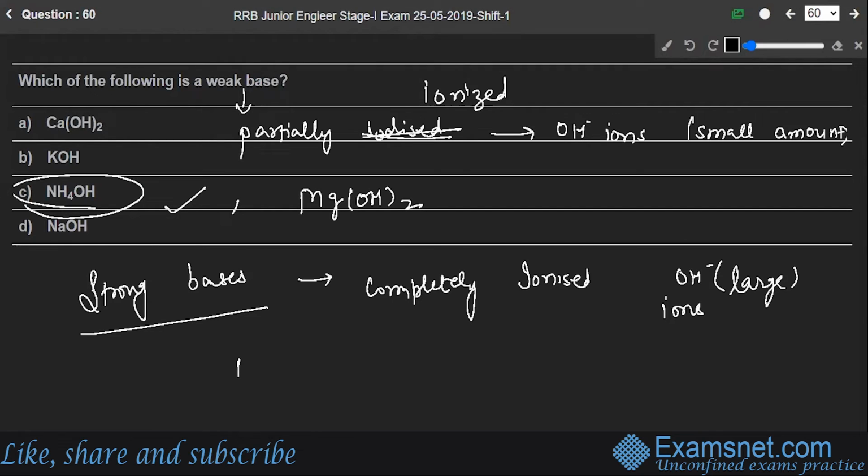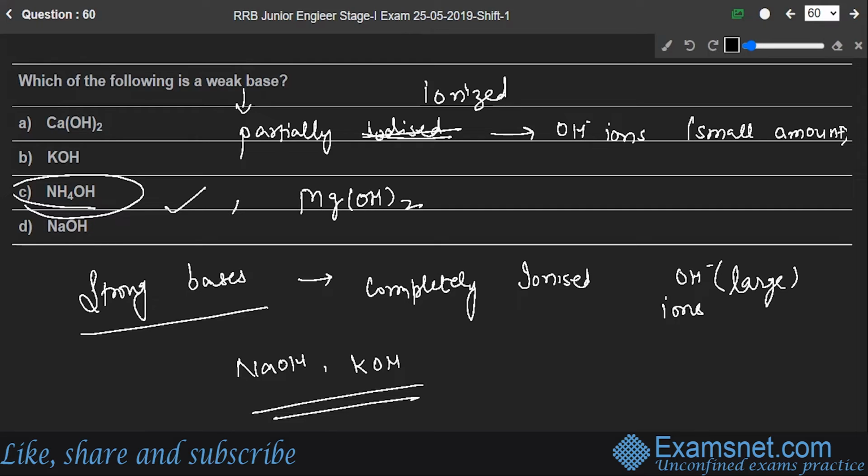For example, sodium hydroxide is a strong base. Potassium hydroxide is a strong base, very strong bases they are. Whereas calcium hydroxide is also a strong base, but it's less in comparison to sodium and potassium hydroxide. So, I hope you understood that.